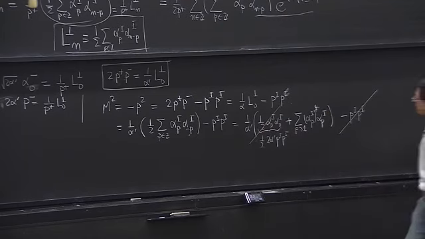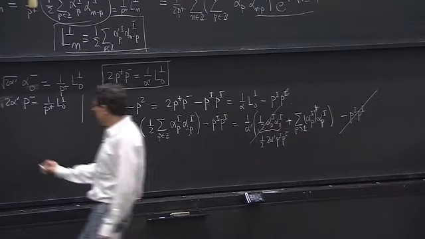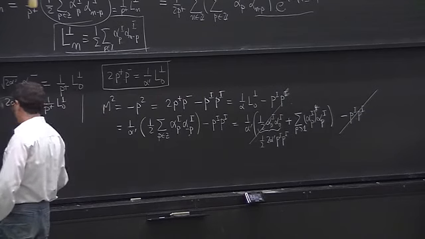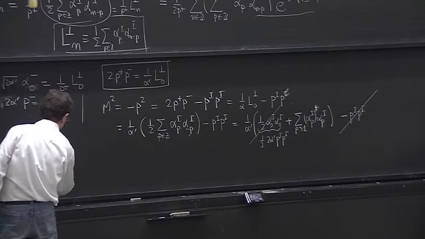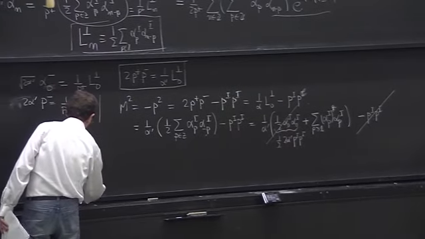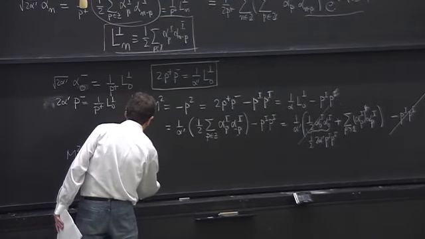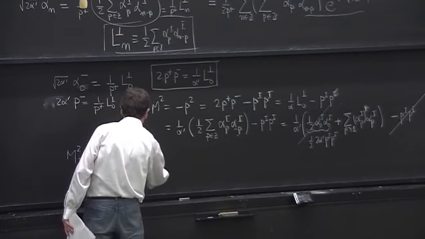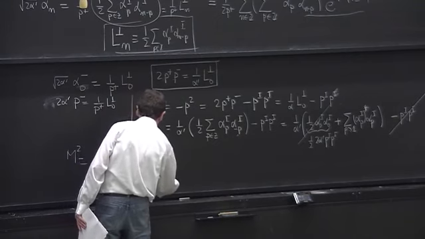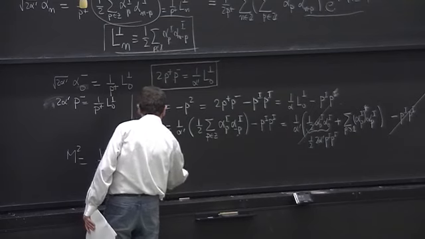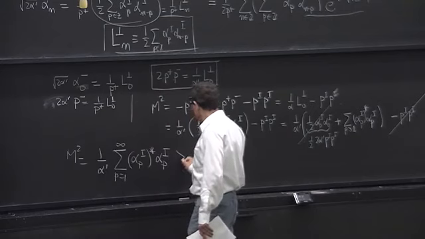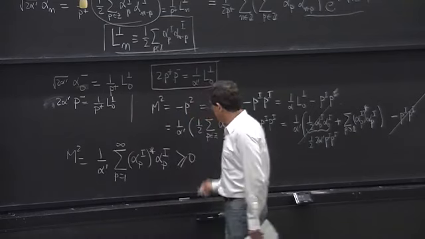It's very nice. So the mass squared of that string is 1 over alpha prime sum over p from 1 to infinity of alpha_p^i star alpha_p^i, greater or equal than 0.